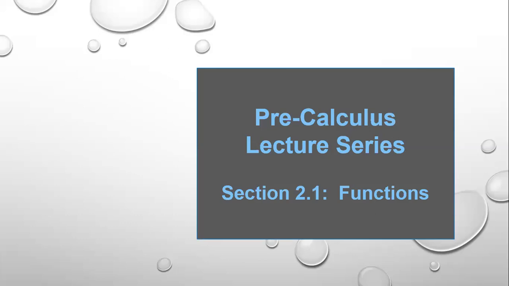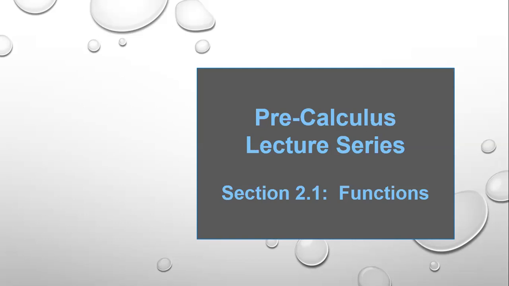For the whole chapter 2, there are a few major topics we're going to talk about. The first one is the definition of functions and what the domain and range are. Then we're going to talk about linear functions in detail. Then after that, we're going to talk about the transformations of functions.